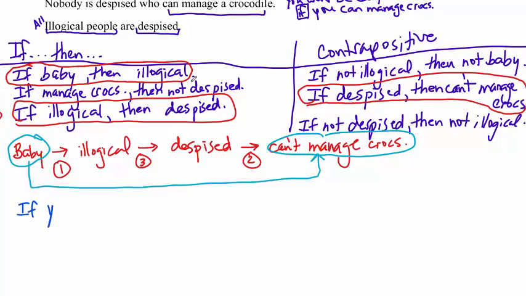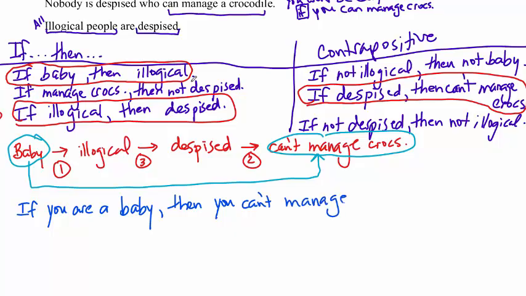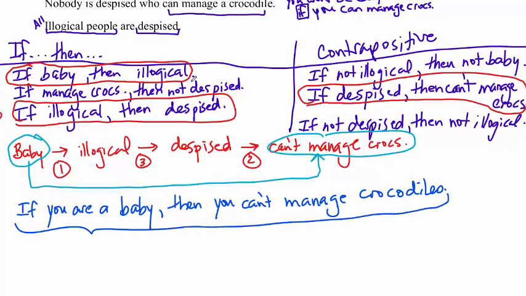If you are a baby, or if it is a baby, however you want to say it, then you can't manage crocodiles. Okay, now it is possible, please note, that this statement that you get is also equivalent to its own contrapositive.